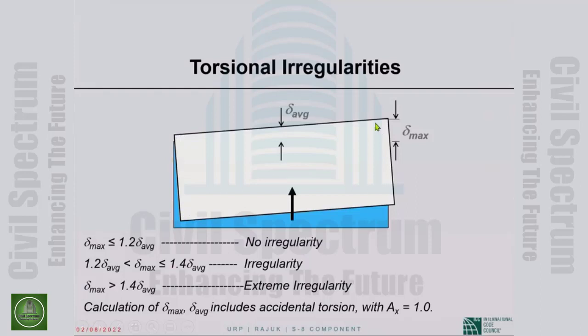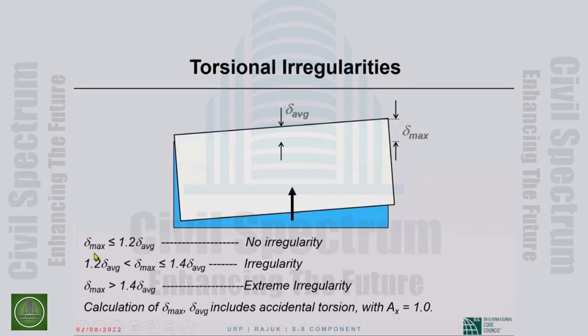This is the structure after the earthquake has caused displacements and so forth. The maximum displacement is at this corner, and it is denoted by delta maximum. And delta average is the average displacement of this corner and that corner.